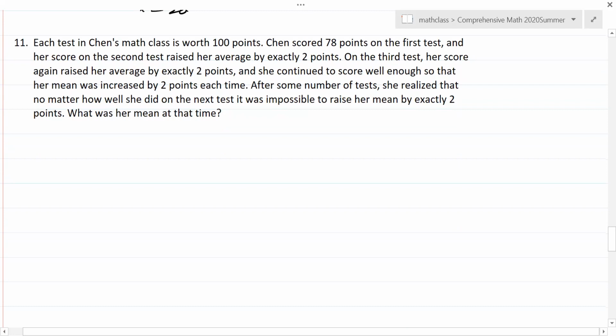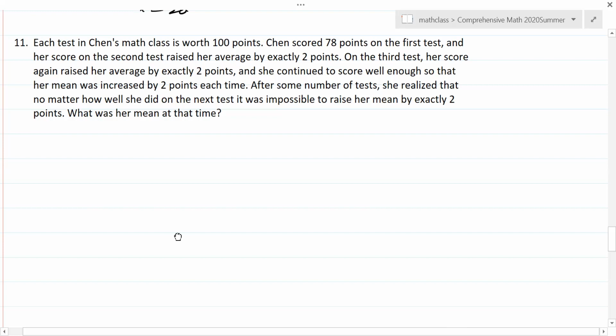Shen scored 78 points on the first test, and her score on the second test raised her average by exactly 2 points. On the third test, her score again raised her average by exactly 2 points. And she continued to score well enough so that her mean increased by 2 points each time.